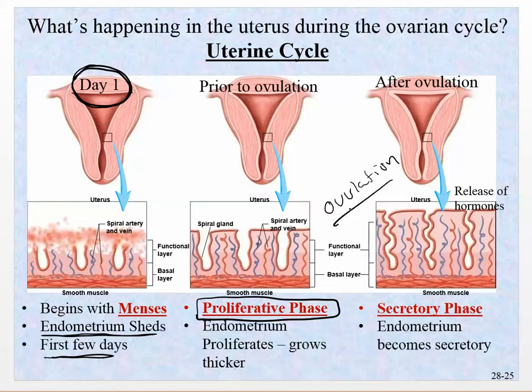That's horribly written, but it's supposed to say ovulation. Then remember, the progesterone is being released, and that causes the endometrium to become secretory, able to send signal molecules, growth factors, things like that to help the developing oocyte.